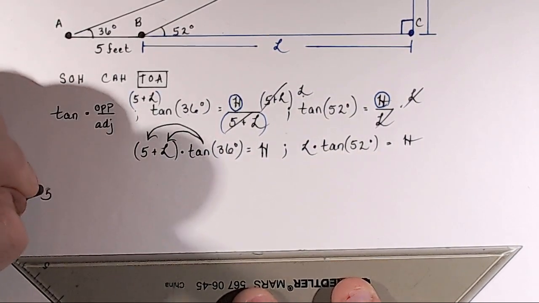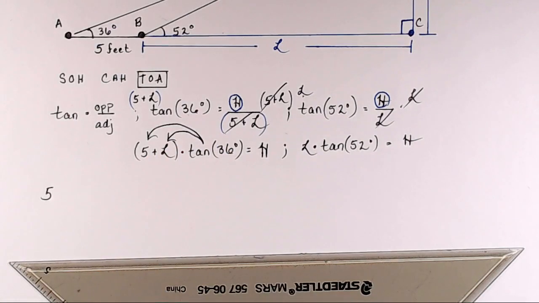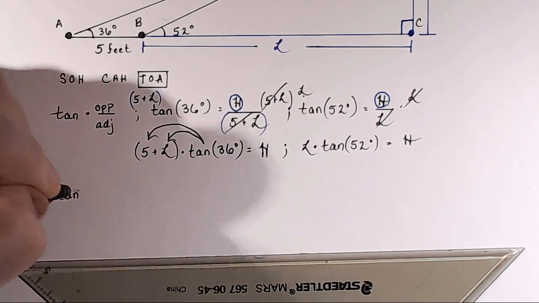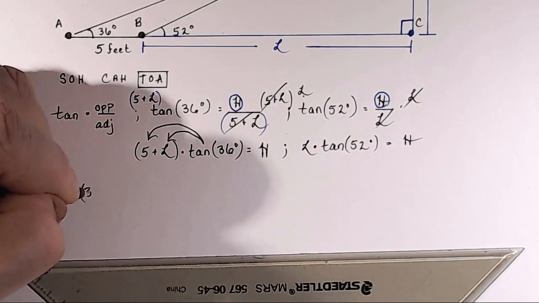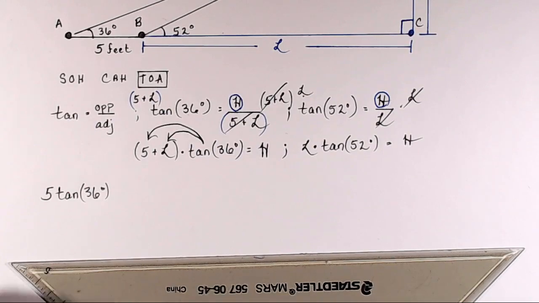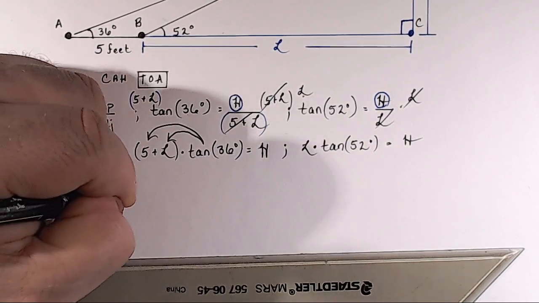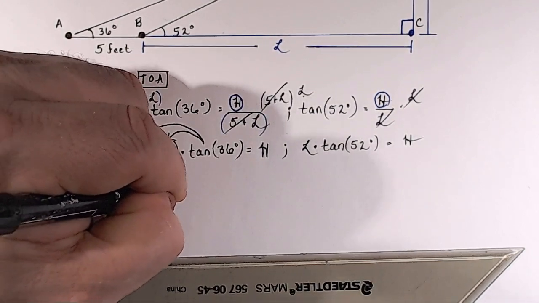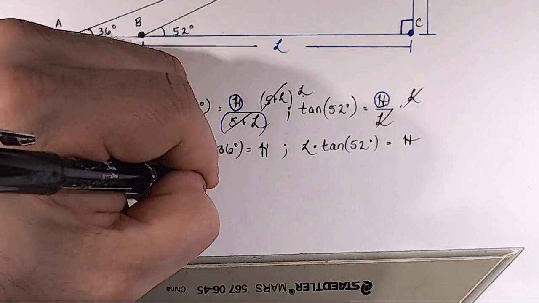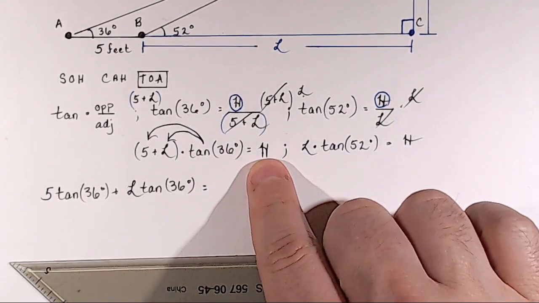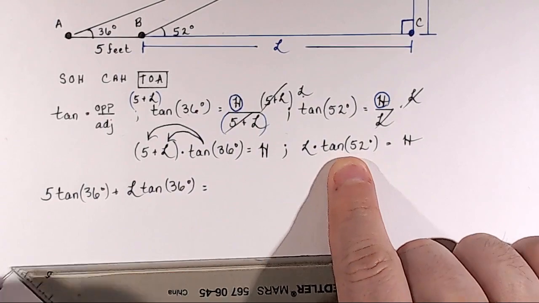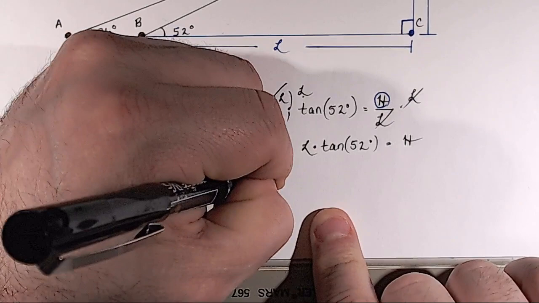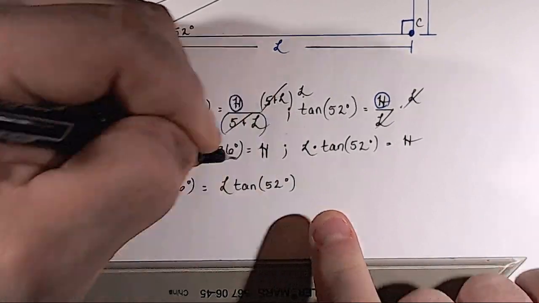So I've got 5, I'm just distributing tan of 36 through the parentheses. 5 tan 36 degrees plus L tan of 36 degrees equals, now hold off on writing H because what I'm going to do is set it equal to this, equals L tan of 52 degrees.